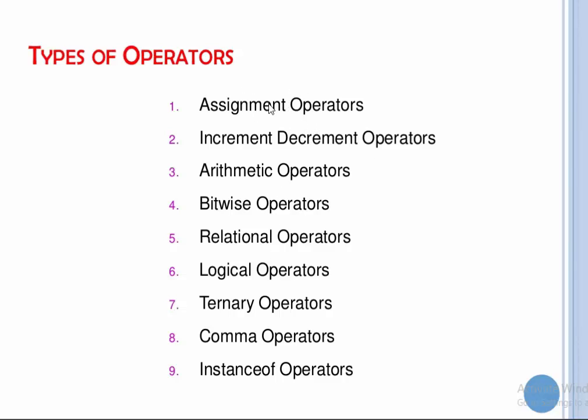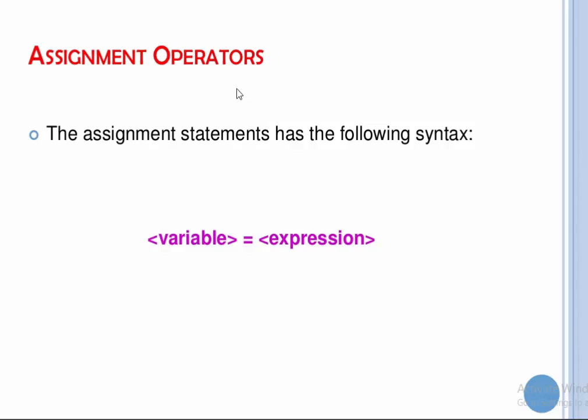The first one is the assignment operator. This symbol is called the assignment operator. This is the syntax of using it. On the left hand side of the assignment operator, there must be a variable, and the expression we want to evaluate must be on the right hand side.